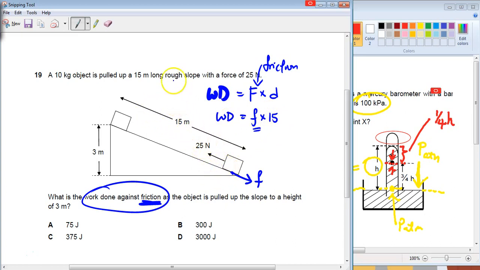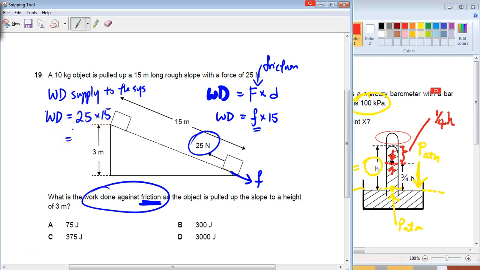But I know the force exerted is 25, meaning that I can find out the work done supplied to the system. So work done supplied to the system will be 25 multiplied by 15, which equals 375 joules.